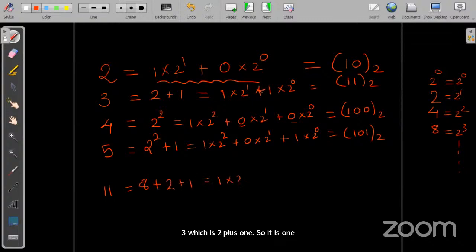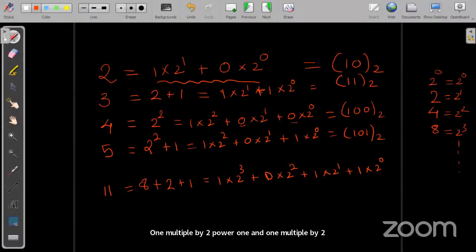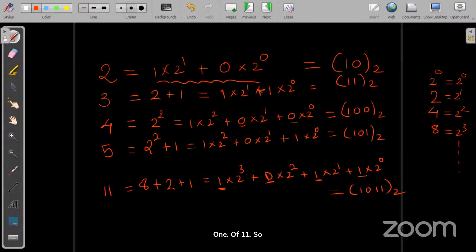So it is 1 multiplied by 2 power 3 plus 0 multiplied by 2 power 2 plus 1 multiplied by 2 power 1 and 1 multiplied by 2 power 0. So the binary representation of 11 is 1, 0, 1, 1. Are you comfortable with finding the binary representation of any number given to you?